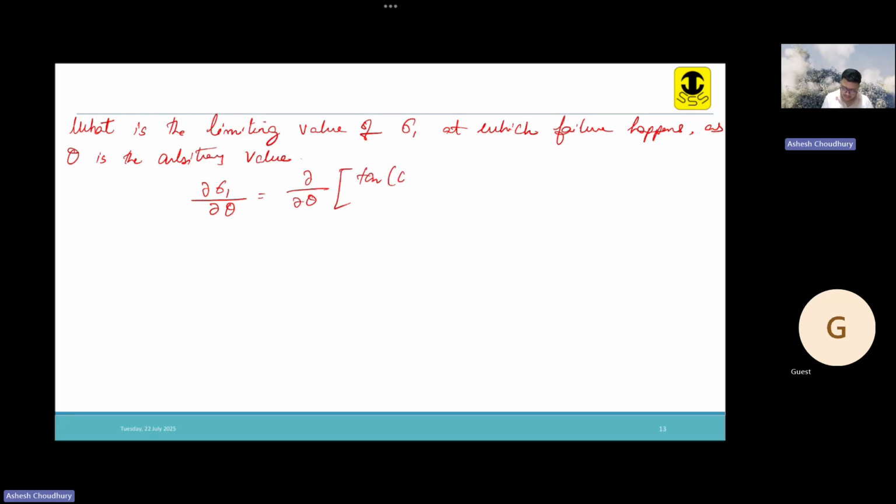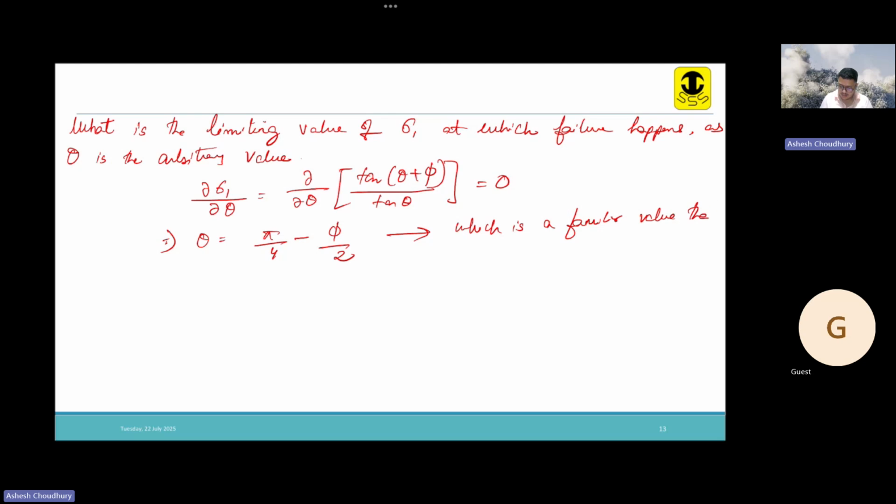From here we see theta comes out as 45 plus phi by 2, which is a familiar value that we get from Rankine theory, right?